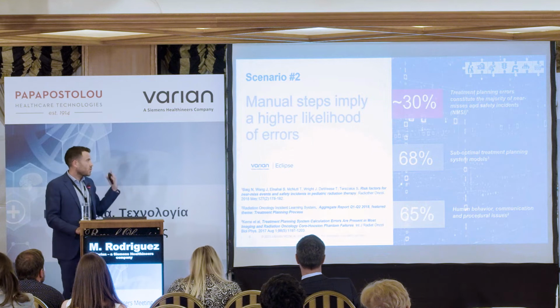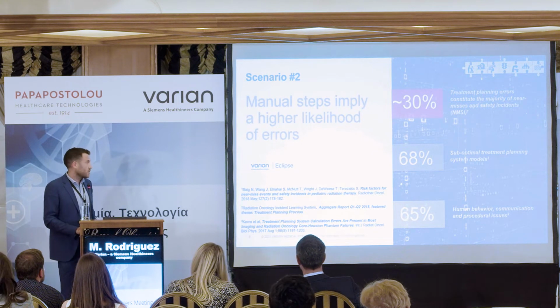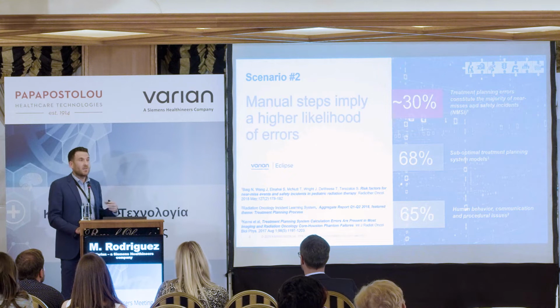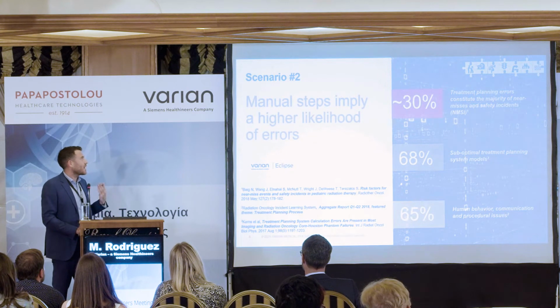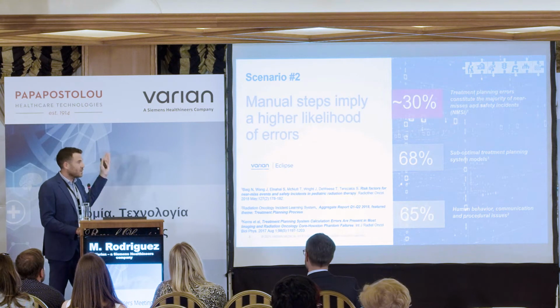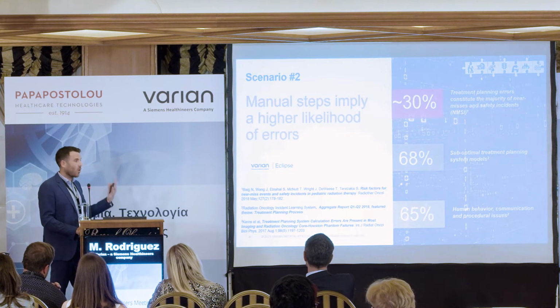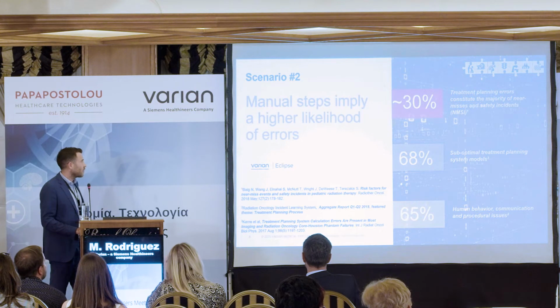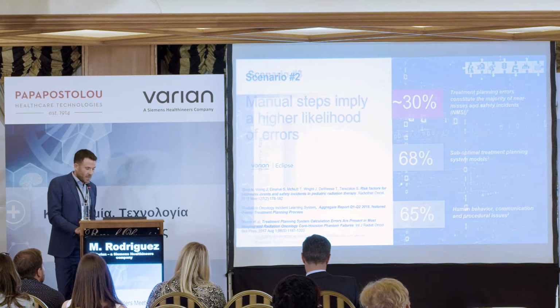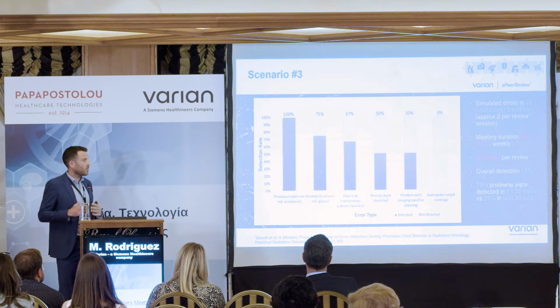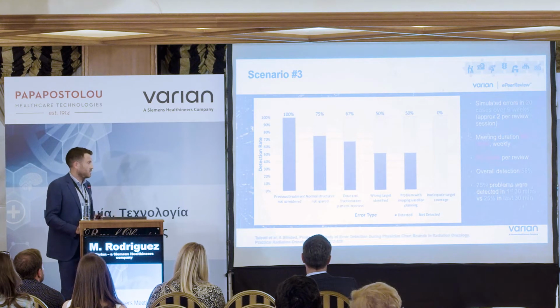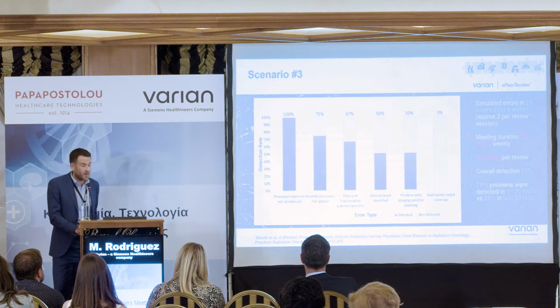All those human behaviors, communication issues, and procedural issues are making the process not as safe as we need. That's why we need a system such as Eclipse and all the features that it's bringing in order to fill this gap. And a lot of people think that when we have the treatment plan, all the possible sources of errors are gone, and this is not right.